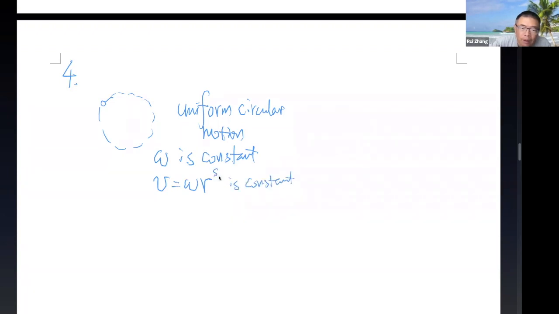Now I have a question for you: when the object is doing this uniform circular motion, do you think there's an acceleration on the object? Is there an acceleration?